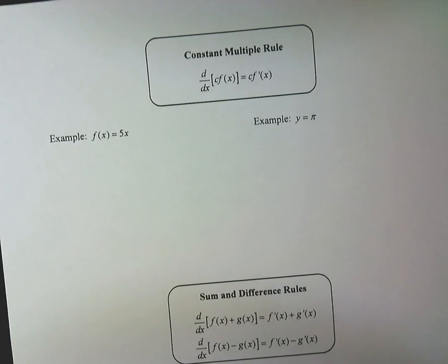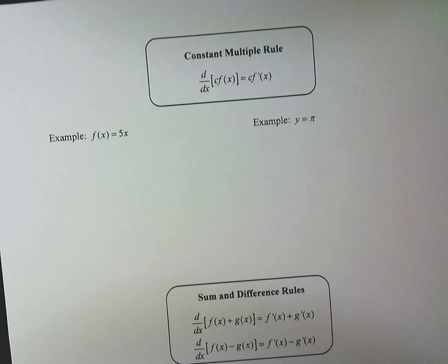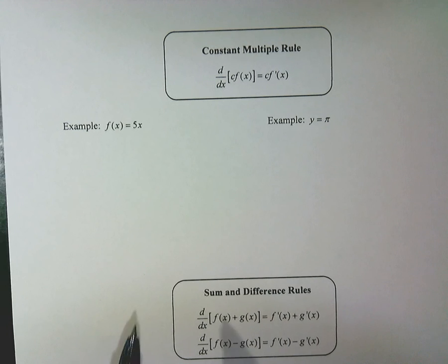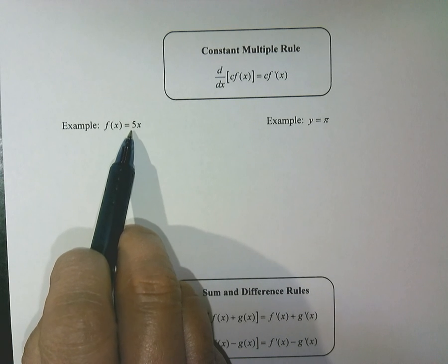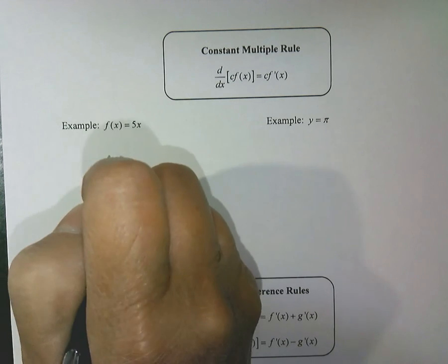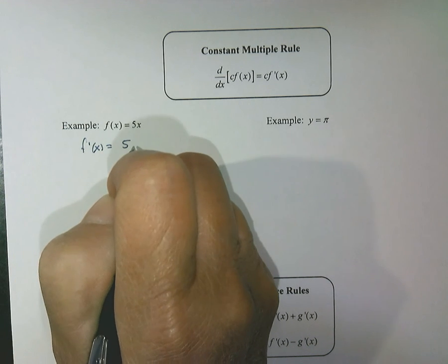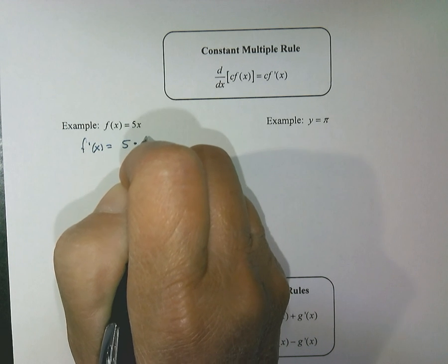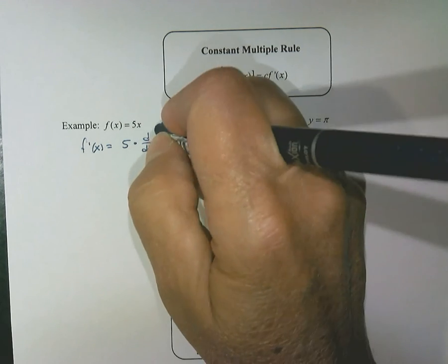There's also a constant multiple rule, and I've shown it to you already, I just didn't think about it. These problems will come up in another way later on, a little bit more abstract, so that's why I show them to you. So this is saying f of x is equal to 5 times x. My constant is 5. So if I want to take the derivative of that, I can say it's 5 times the derivative of x.